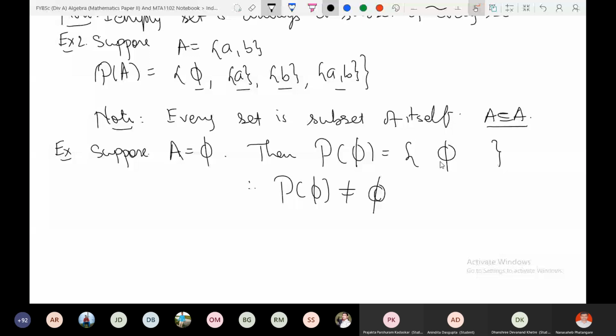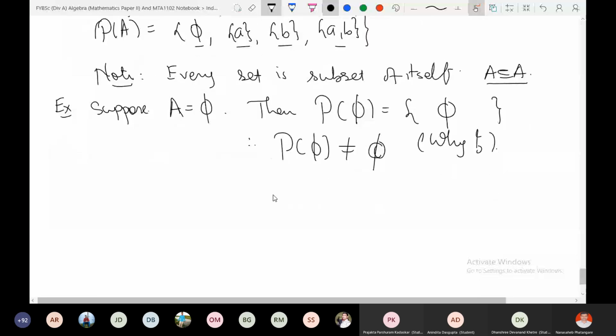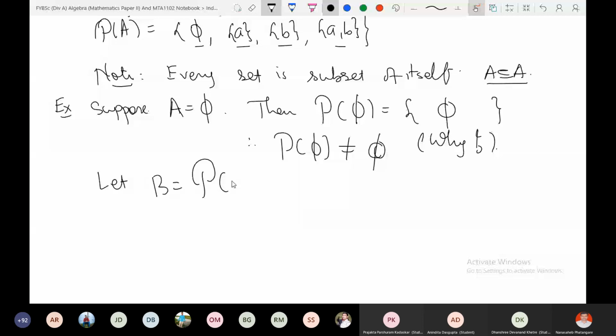So in the power set of the empty set there is one member, which is the empty set, and therefore the power set of the empty set is non-empty. So try to understand this statement. Why? Think about it. This is a logical statement.